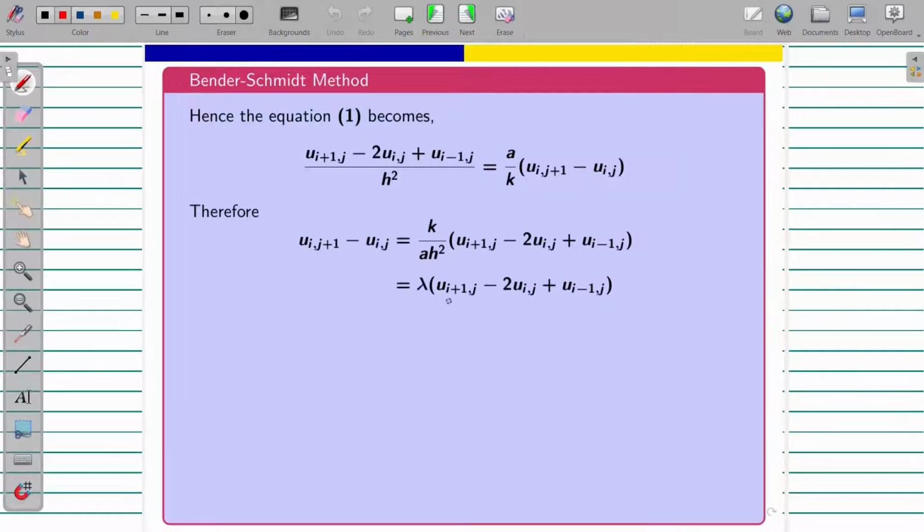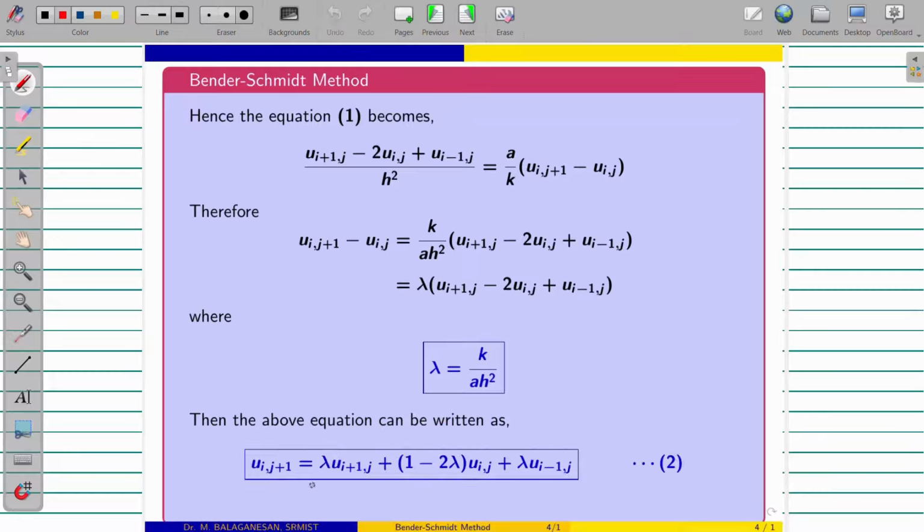If you simplify, you will get this equation. They won't ask you to derive it; for understanding purposes only, I have given how to derive it. Here lambda represents k divided by h square, so we have written lambda equal to k divided by h square. Then the above equation can be written as u i comma j equivalent to this.